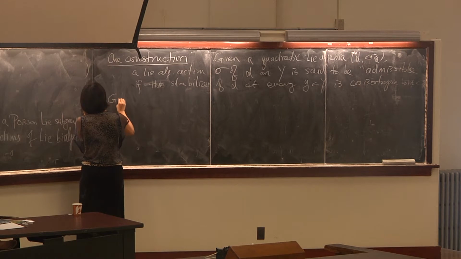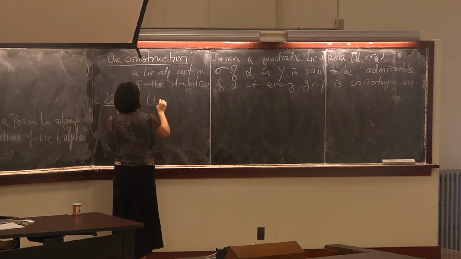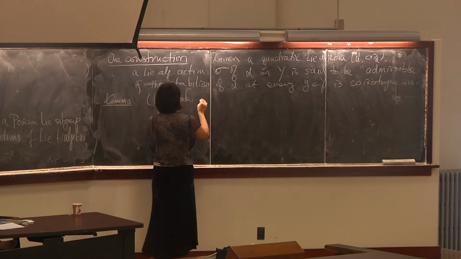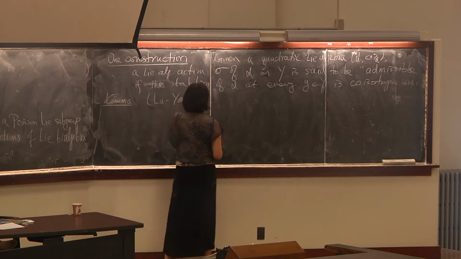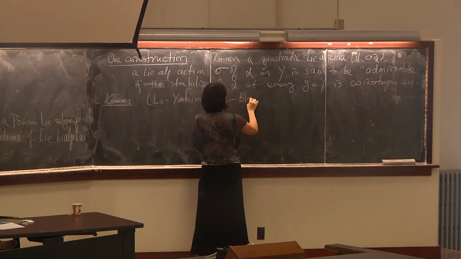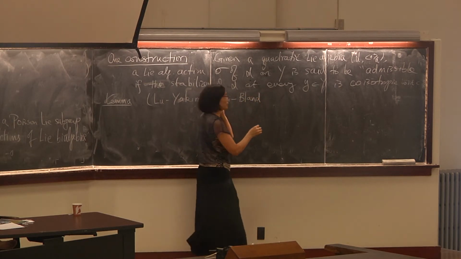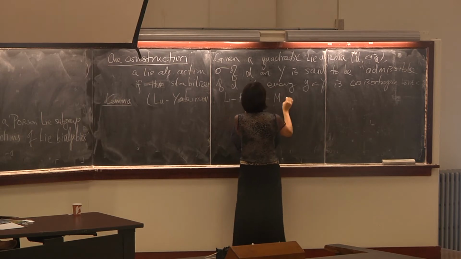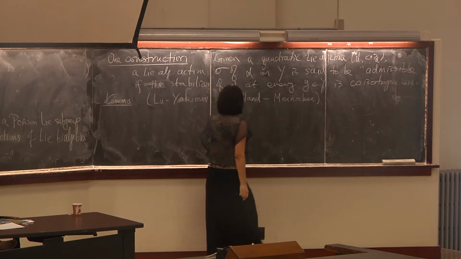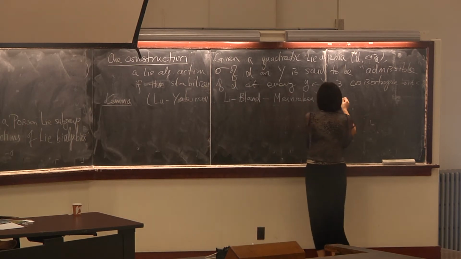So given the Lie bialgebra, then it's the lemma. This was written in a paper by myself and Milan Yakimov. But then later on, it was put into the framework of Courant algebroids by David Li-Bland and Eckhard Meinrenken. So here's the construction.